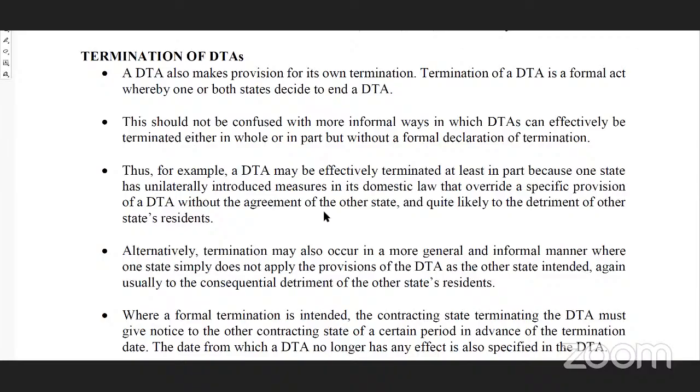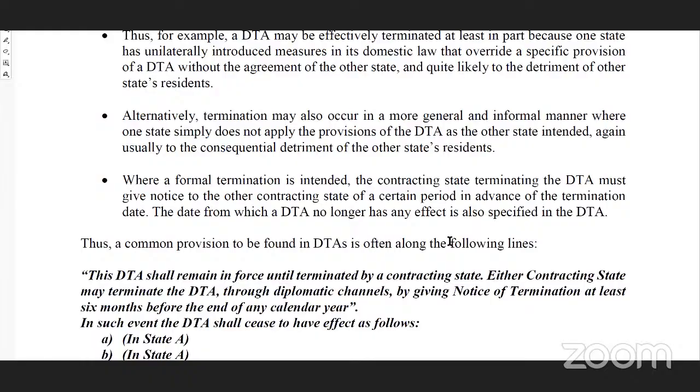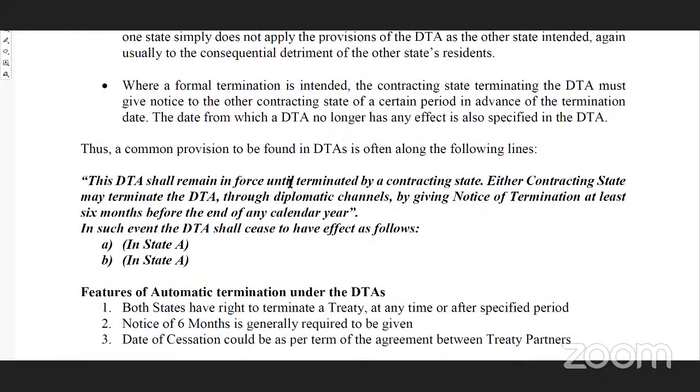Okay, so where a formal termination is intended, the contracting state terminating the DTA must give notice to the other contracting state a certain period in advance of the termination date. And the date from which a DTA no longer has any effect is also specified in the DTA. So mostly when you look at the article, it will be like this: this DTA shall remain in force until terminated by a contracting state.